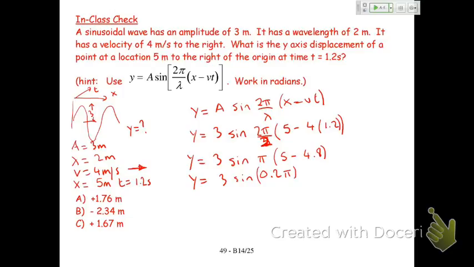And I'm getting 1.76 positive. So y is equal to 1.76 meters, positive because it is above the equilibrium position.